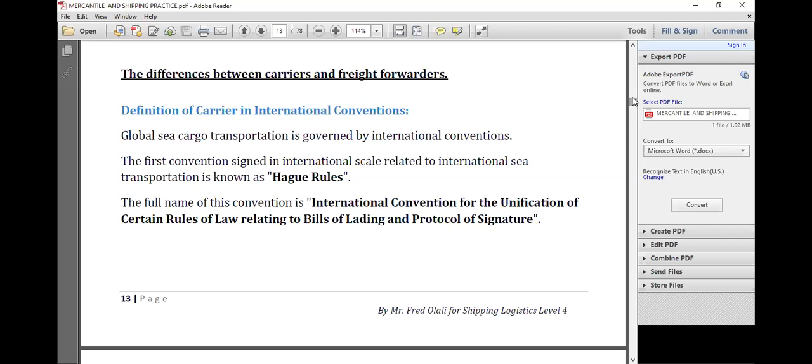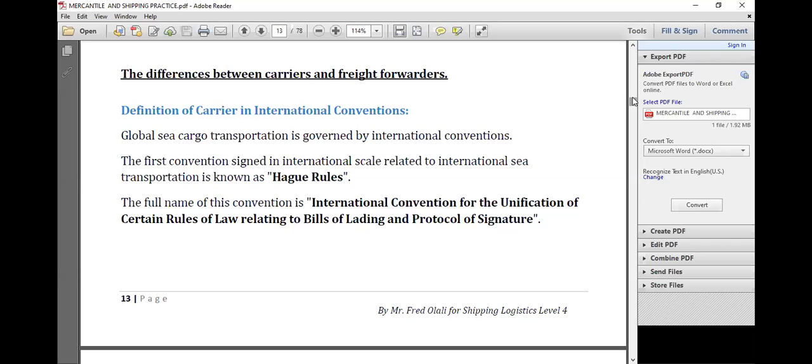So we'll find the definition of who a carrier is as defined in international conventions. It says that global sea cargo transportation is governed by international conventions. We know that we have rules like the Hague Rules, the Hamburg Rules. They're called the international conventions.